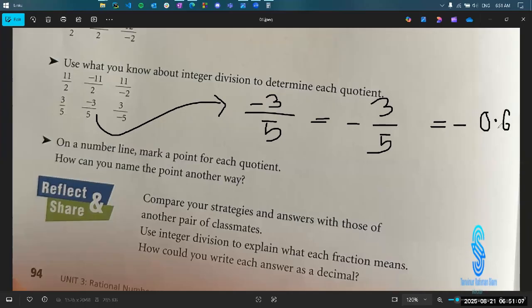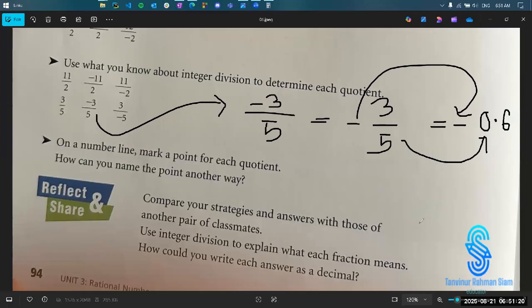Like this, minus is coming to here, and then this particular answer is this. So 3 divided by 5, where 3 is the numerator and 5 is the denominator, we will be getting 0.6. And as the negative sign is present, that's why we are getting a negative sign before our answer.